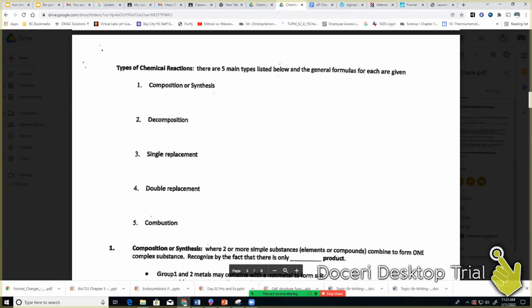The first one that we're going to cover is composition or synthesis reactions. In a composition or synthesis reaction, you start with 2 elements or 2 compounds, and they come together to form one new product. So 2 simpler things come together to form one more complex thing, and you end up with just one product.